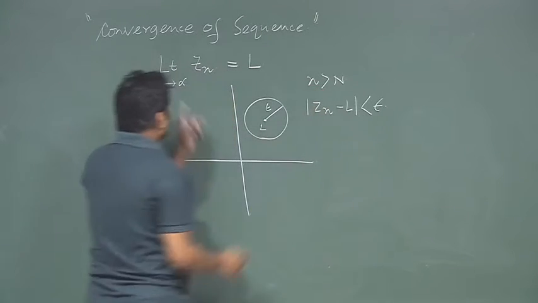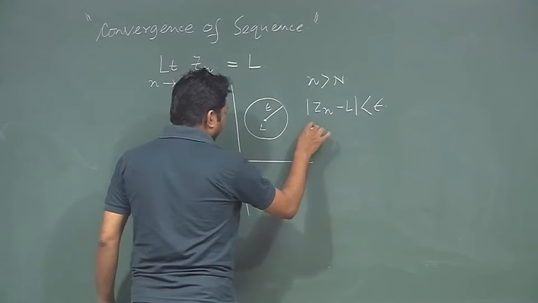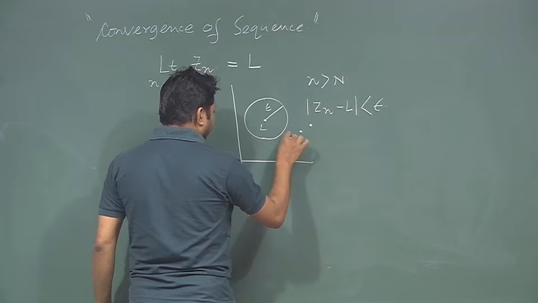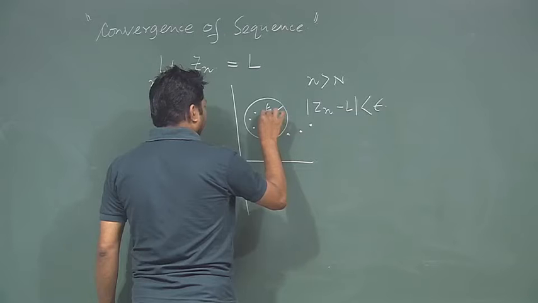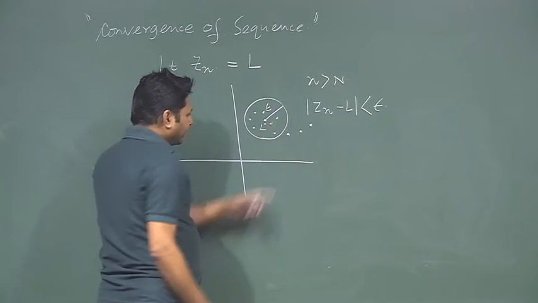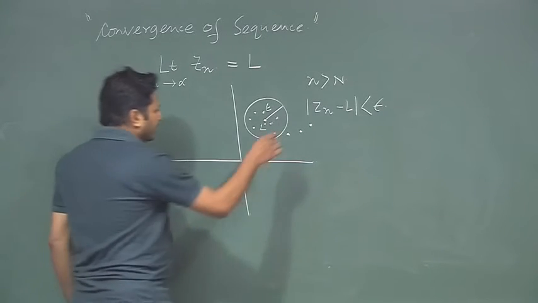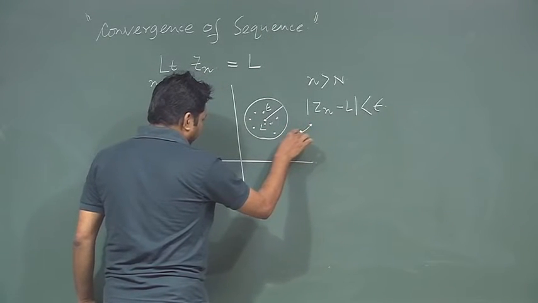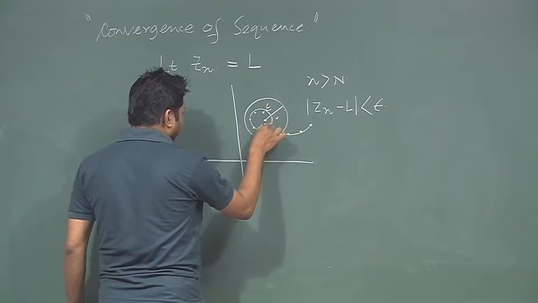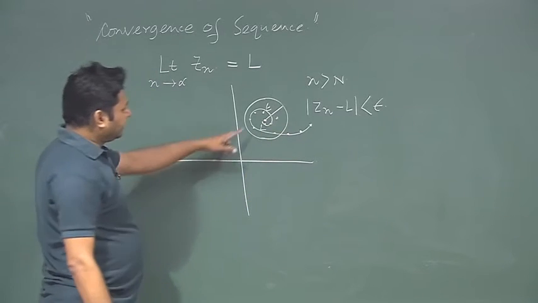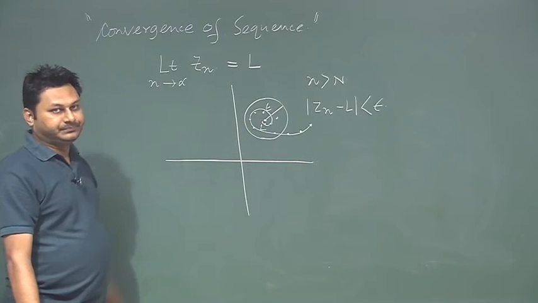When I am changing n, some point is here, some point is here, here, here, here. As I increase the value of n, the points tend to go to some specific value L. If that is the case, that means the sequence is converging, and converging to the value L.